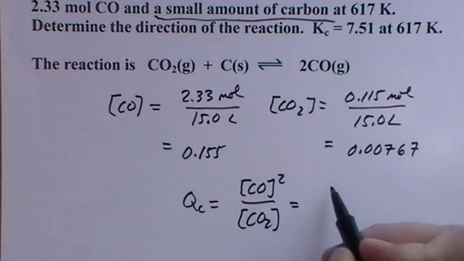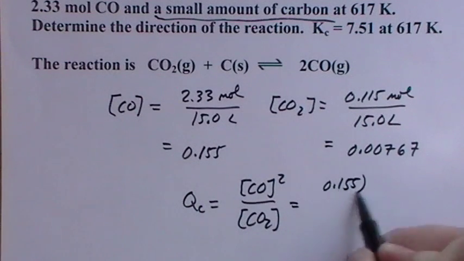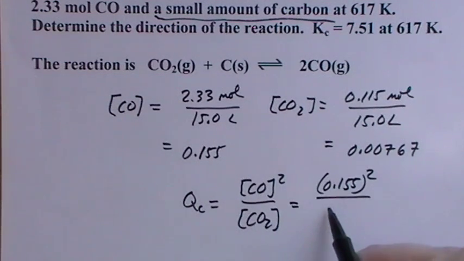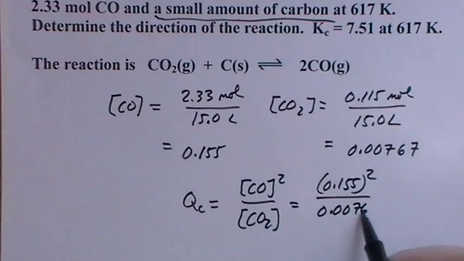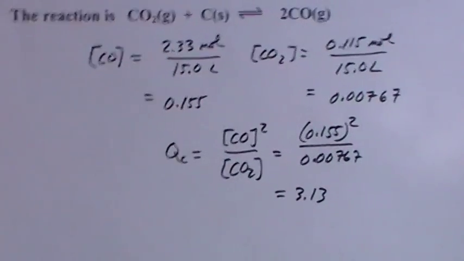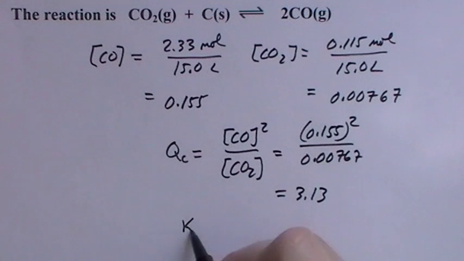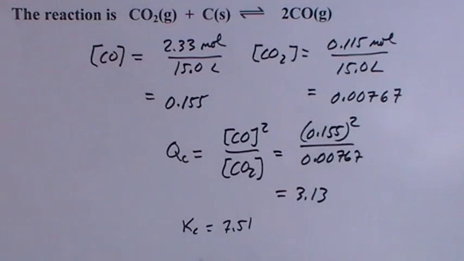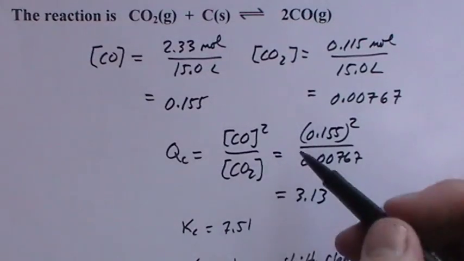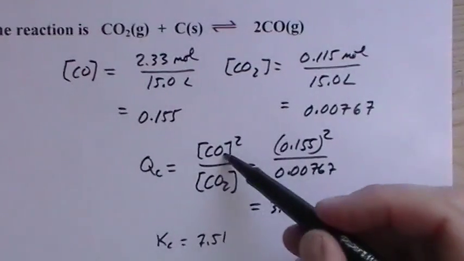And so this comes out to be 0.155 squared over 0.00767, and this is 3.13. And Kc is 7.51. Qc is less than Kc, so the reaction must shift right. You can see that this ratio is not high enough yet.